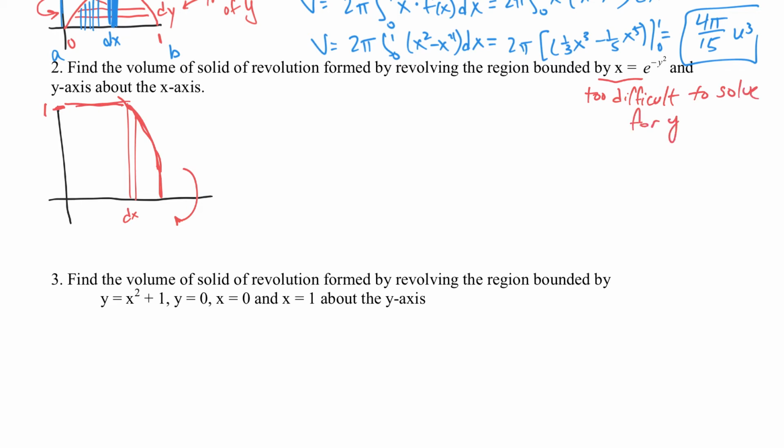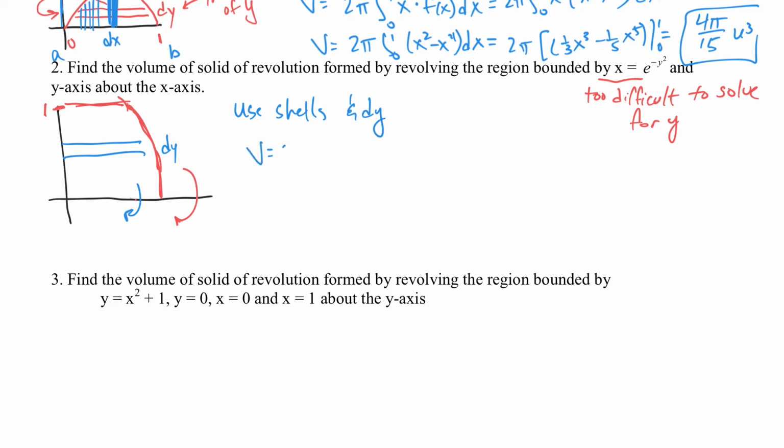So instead, let's erase this, and I'm going to use shells, and I'm going to take these parallel to my axis of rotation, which would give me dy, which means I don't need to convert that equation. I could keep it the way it is. So use shells and dy.